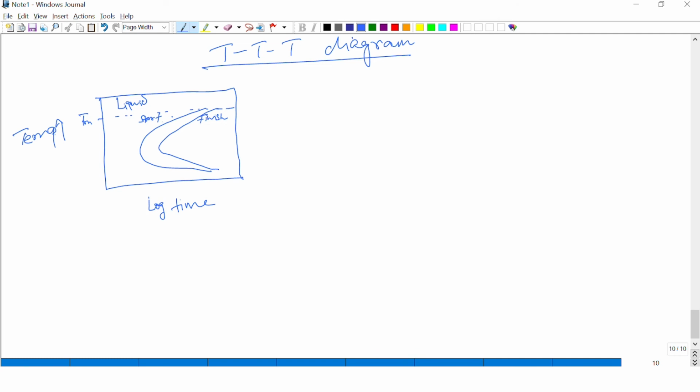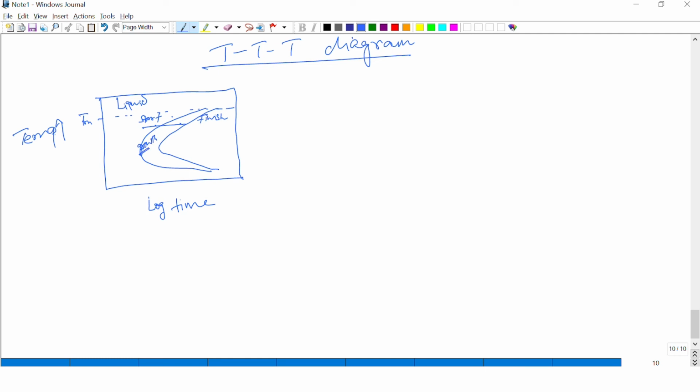So, here if you go from here to here, the solidification starts here and is completed here. Okay. So, that means in between you have the growth phenomena.